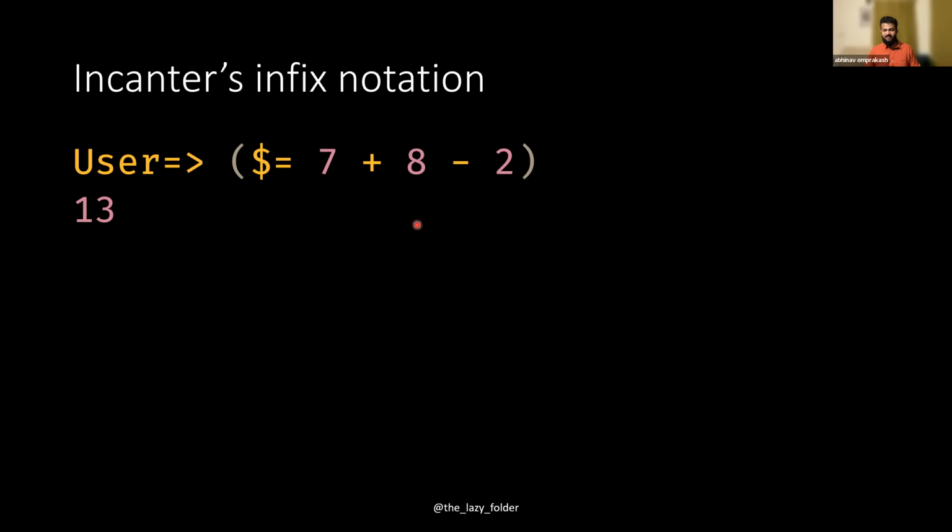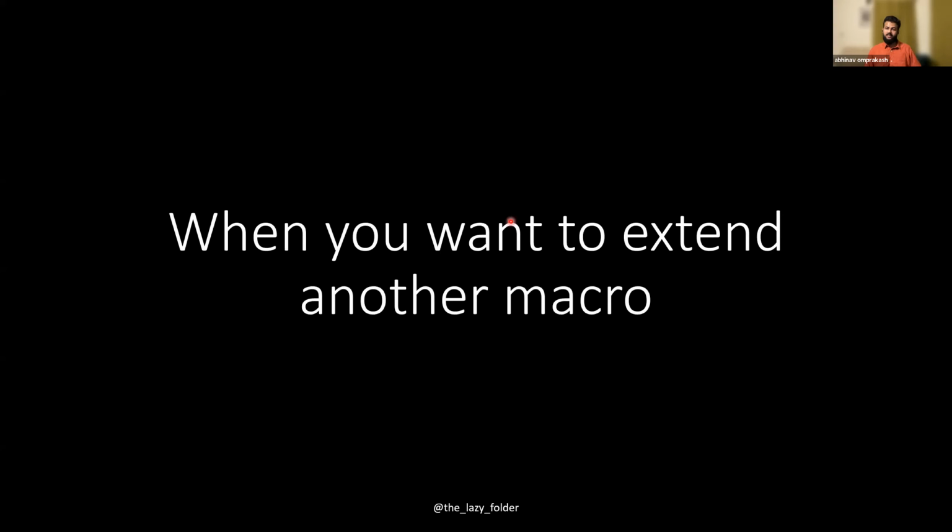We've seen we've written infix macros, and this is actually quite a big macro, and you should read it whenever you get time. The next thing is when you want to extend another macro. As we saw with our add macro, we wanted to extend that macro, and we had to write another macro for that.